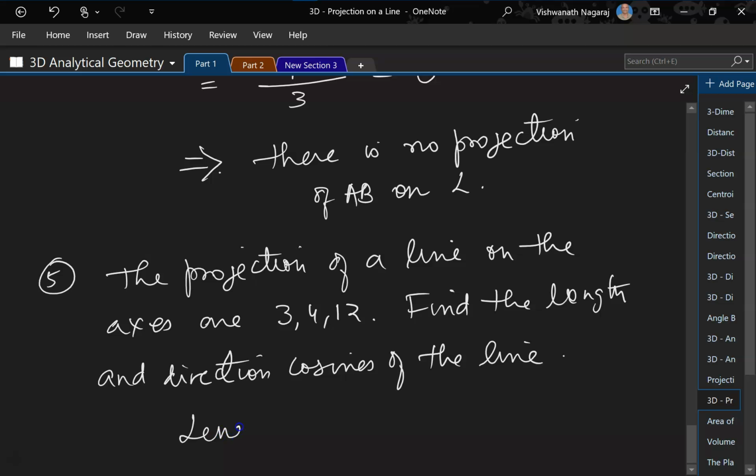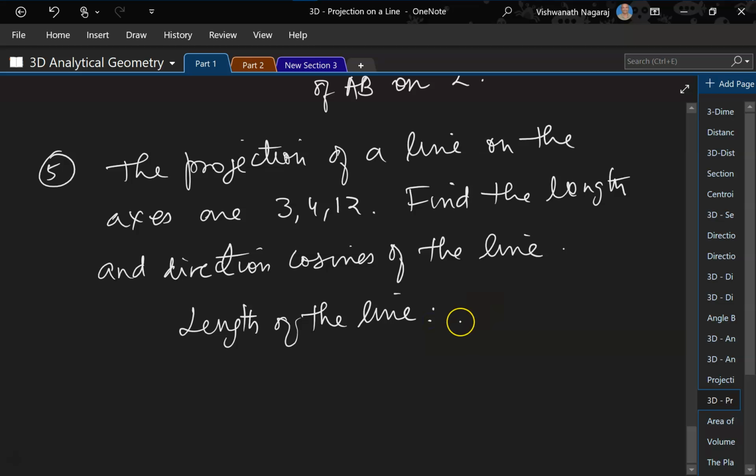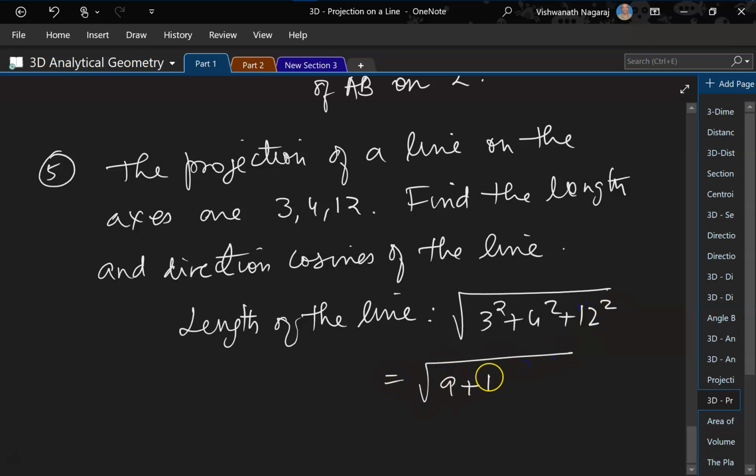So the length of the line is pretty straightforward. Pythagoras theorem in 3 dimensions. Length of the line is the square root of 3 square plus 4 square plus 12 square, which is 9 plus 16 plus 144, which is the square root of 169, which is 13.